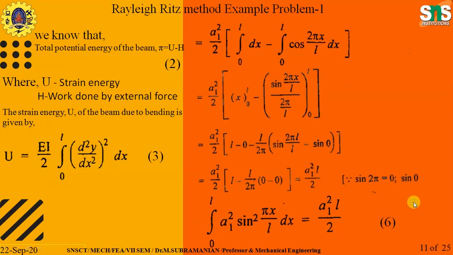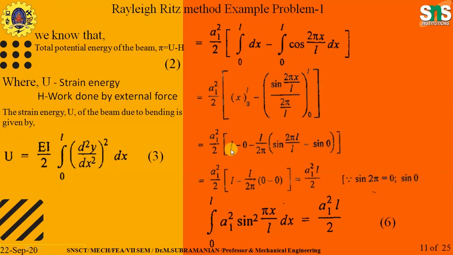So integrate the above terms and substitute the limit values. The integration of dx is x, with limits 0 to L. Similarly, the integration of cos(2 pi x divided by L) is sin(2 pi x divided by L) divided by 2 pi divided by L, from 0 to L. Then substitute the limit values. Actually sin 2 pi equals 0, sin 0 equals 0.